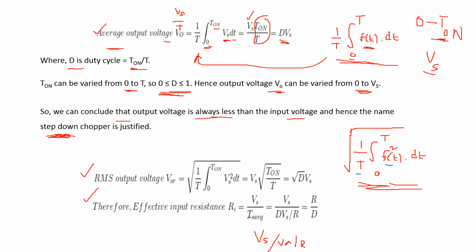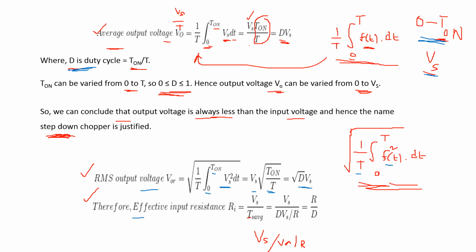In between 0 to T only the output voltage exists, so we are going to consider limits as 0 to T on. In place of f of t, we consider Vs square. By simplifying, we get Vs into square root of T on by T. Here T on by T is nothing but the duty cycle, so in place of this we substitute D. So RMS output voltage of step down chopper is square root of D into Vs.